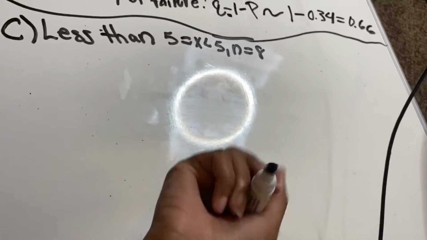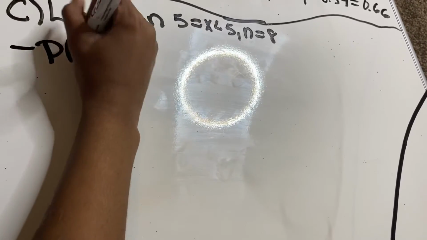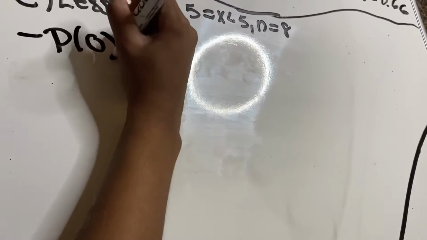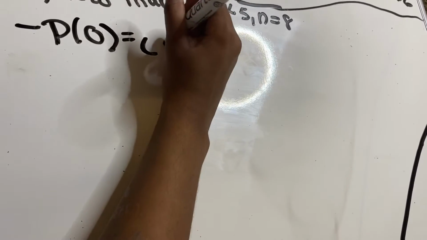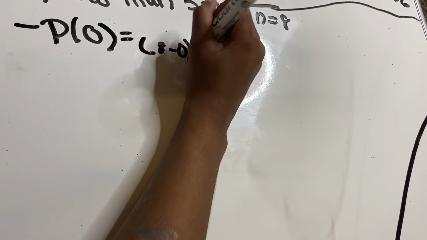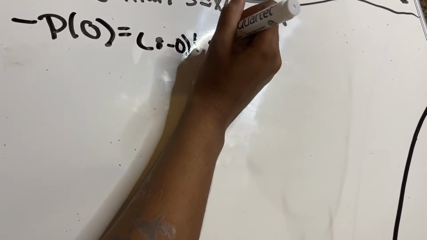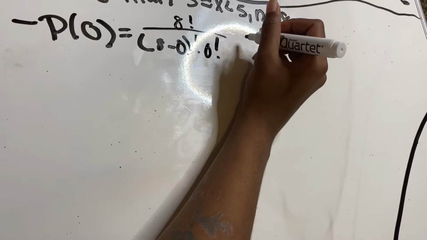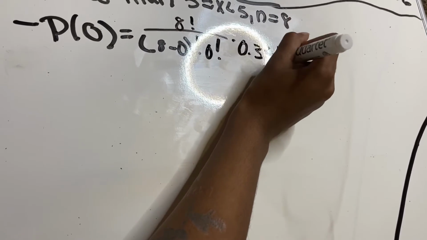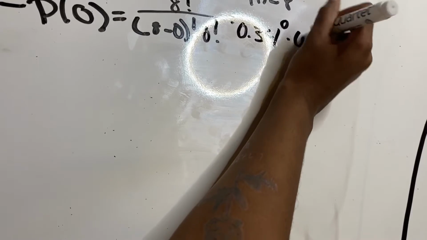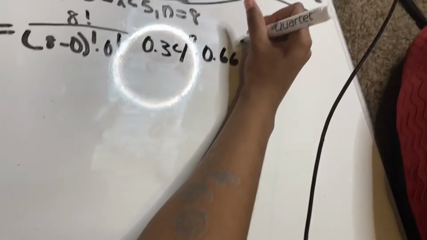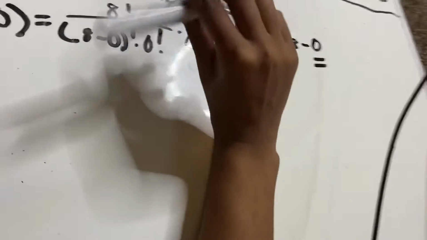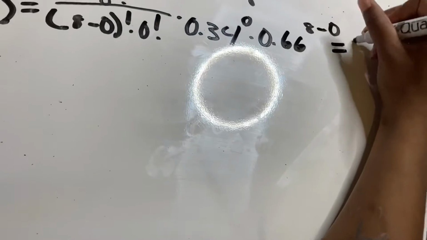The best way I can explain it is just to show you what I mean. So P(0), I'm not going to do it all at the same time. So P(0) equals, and when you calculate all of this in the calculator, you're going to get the amount.